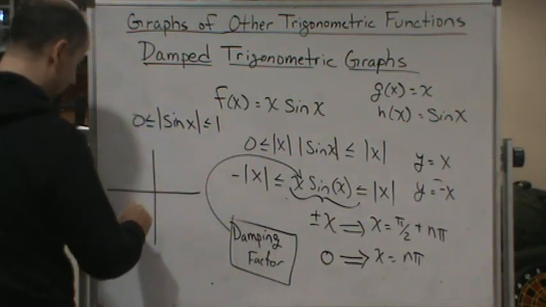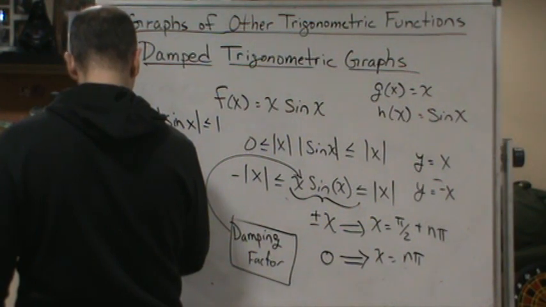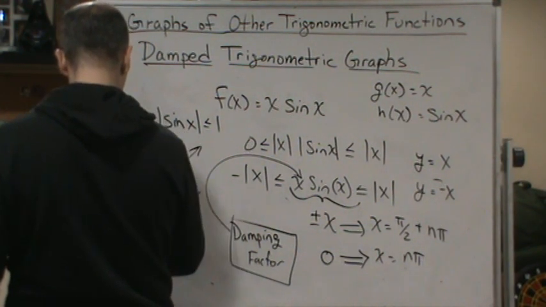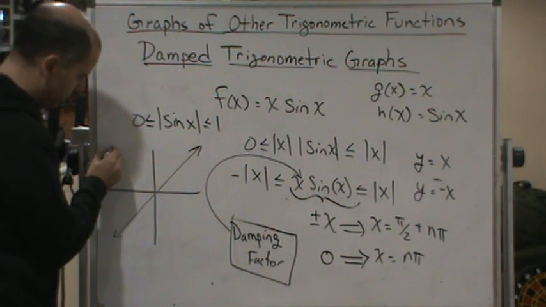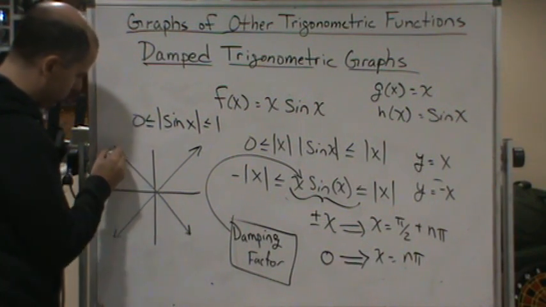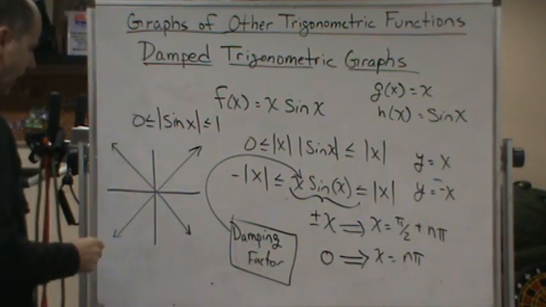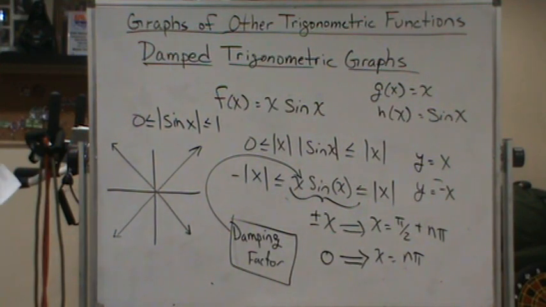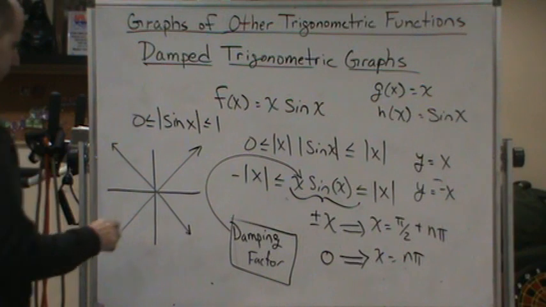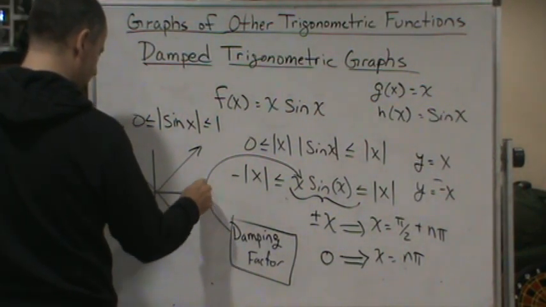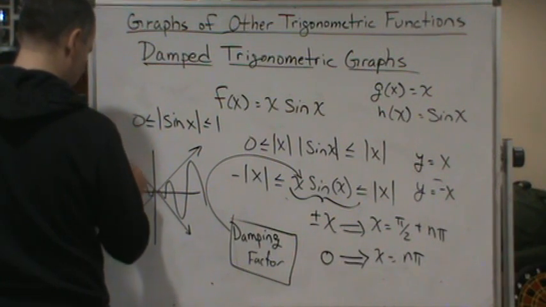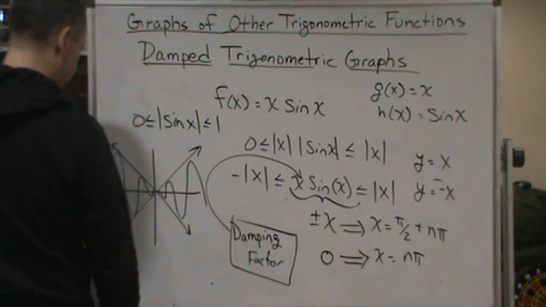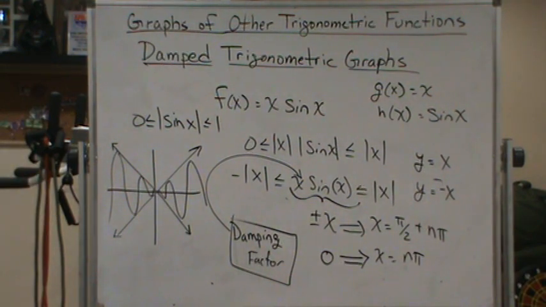Okay, so if we have our y equals x, we have that, and then we have y equals negative x, which is going to look like that. And then what happens is our sine function is going to be squeezed behind those. So it's going to look something like this, right? So it's going to look like that.